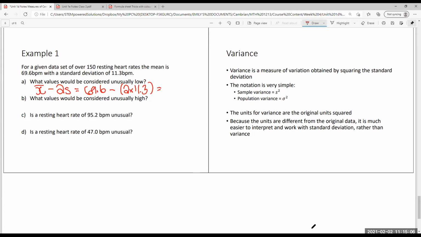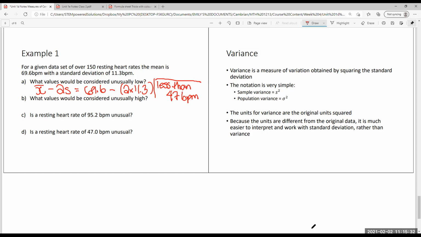You can type that into the chat when you know what the answer is. It's 47, so anything under 47 would be unusually low. Yes, that's correct. Anything less than 47 beats per minute would be unusually low. Okay.